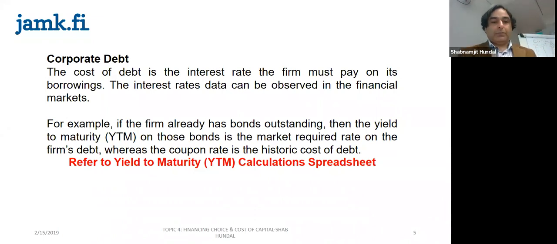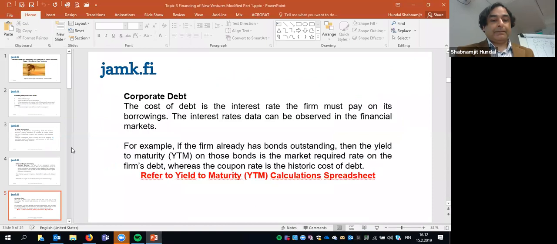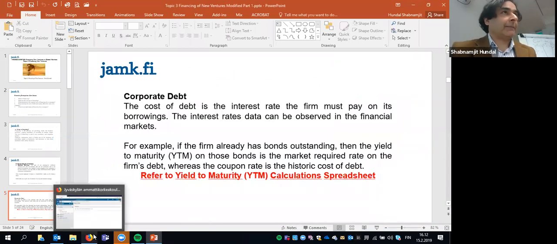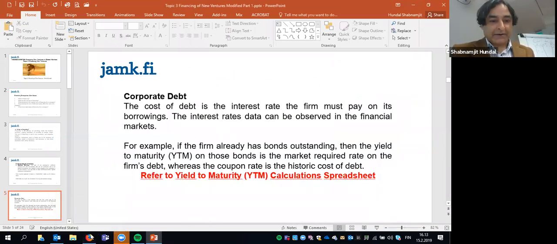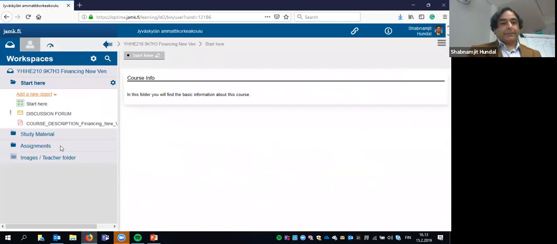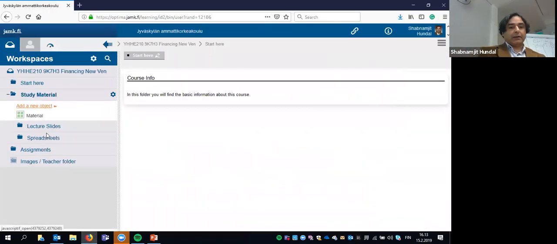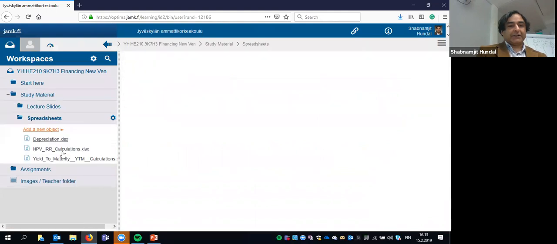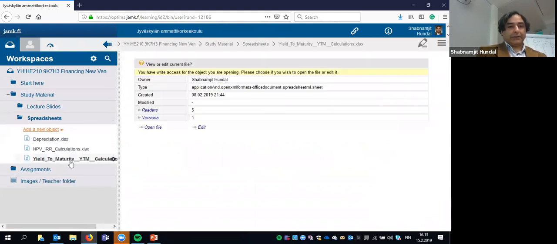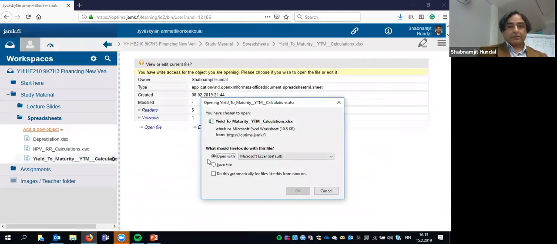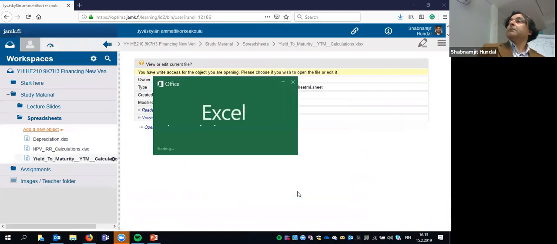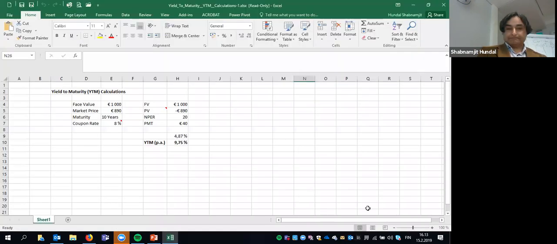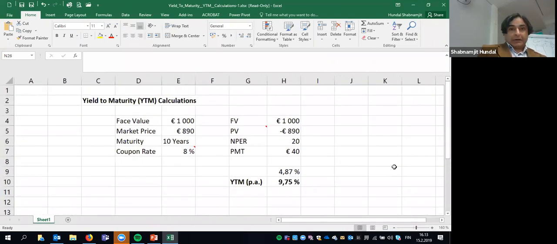Okay. Now, time has come when I show you this example, and this file is here in spreadsheets in Optima. So you go to the study material and you find the spreadsheets, and there we go. Yeah, maybe I make it slightly larger.